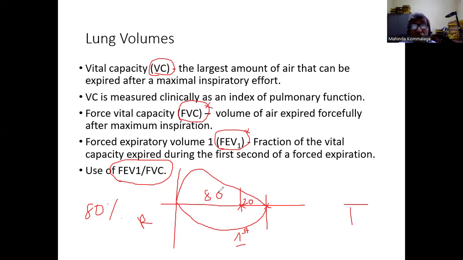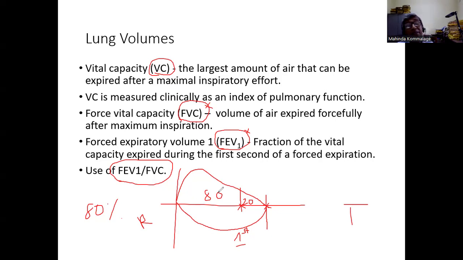So these are practically important values, as you learn in cardiovascular medicine. Stroke volume is important, cardiac output is important, ejection fraction is important to clinically assess the heart.